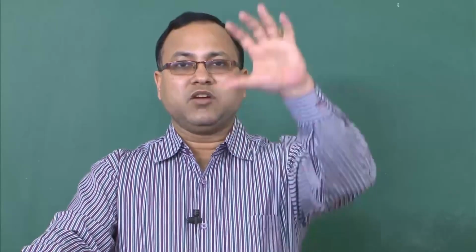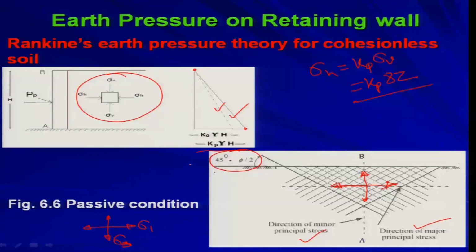Sigma 3 is acting on the horizontal plane. So, 45 minus phi by 2 is the angle between the shear lines and the horizontal plane on which sigma 3 is acting. Now, this will be clear when we talk about the Mohr cycle representation.